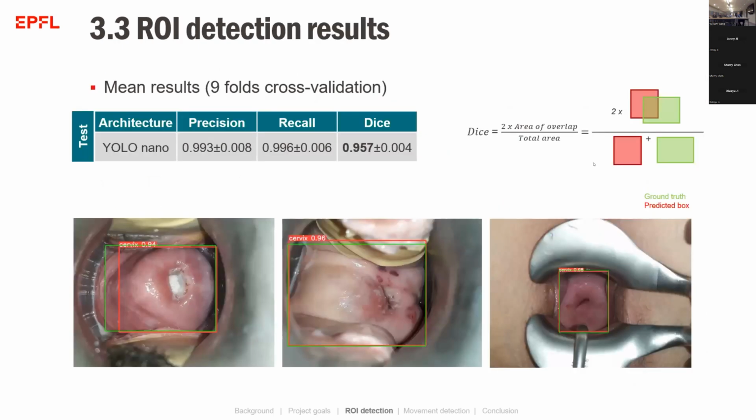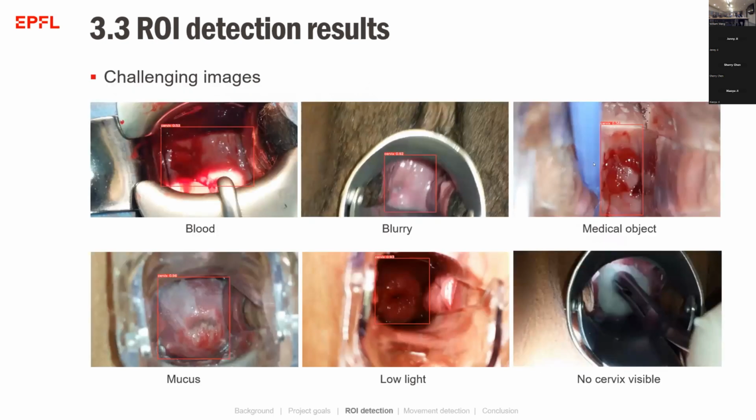And we achieved pretty good results, almost a 1 accuracy, almost a 1 precision and recall, and also a really high IoU, meaning that the predicted bounding boxes were really accurate to the actual ground truth. We were able to see also that YOLO even detected the cervix in pictures having a lot of blood, blurry, or mucus or low light.